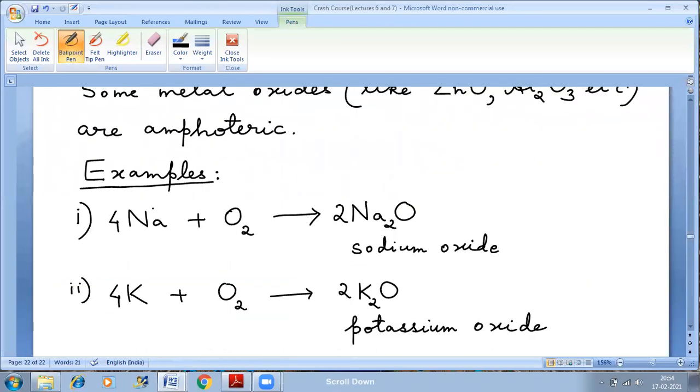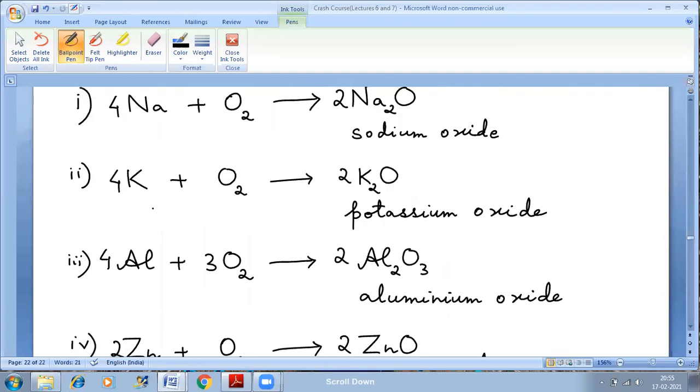These are the examples. All reactions must be balanced.